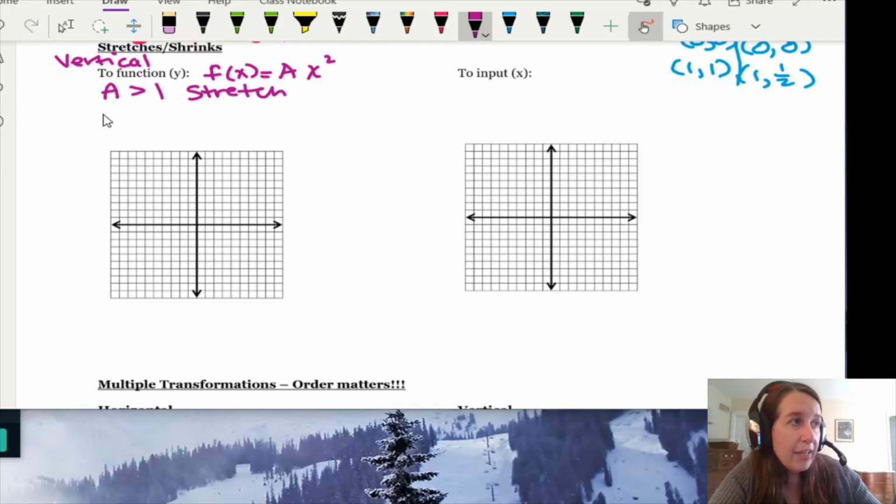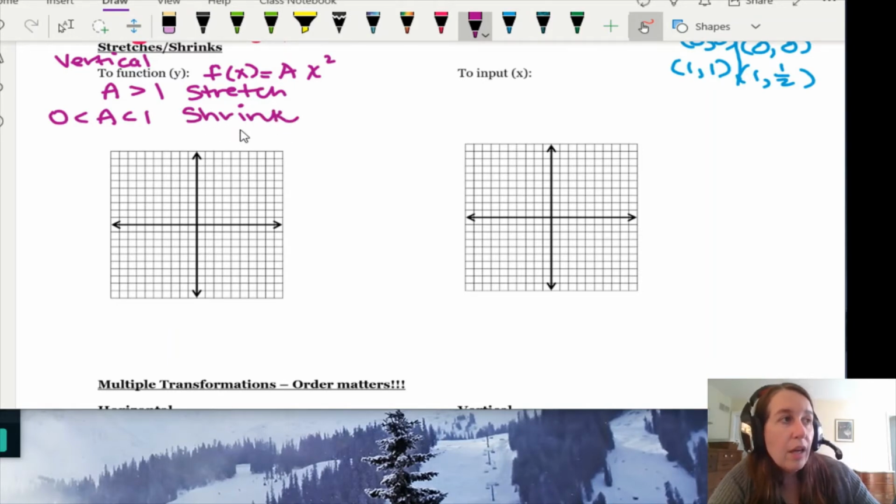And if a is between 0 and 1, then that is a shrink. A really won't be negative because that will be that vertical reflection that we'll take care of separately. But if a is like a fraction or 0.5 or something like that, that is going to shrink the function.